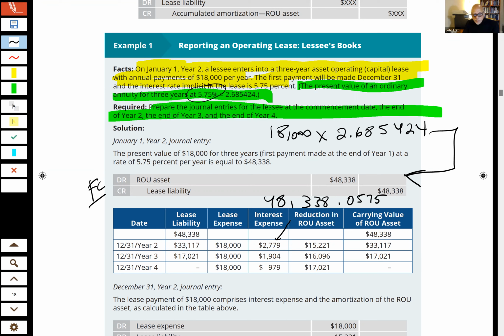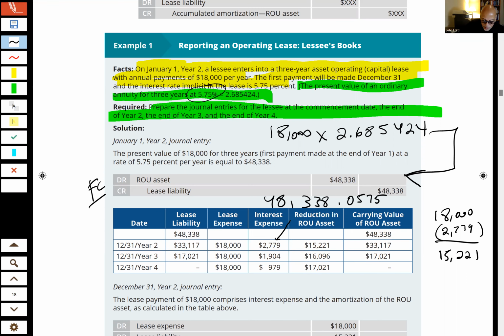Now, the difference between the payment of 18,000 and this 2,779 is going to give me this 15,221. So I'm essentially going to amortize that liability, but I'm also going to amortize the asset at that same rate.